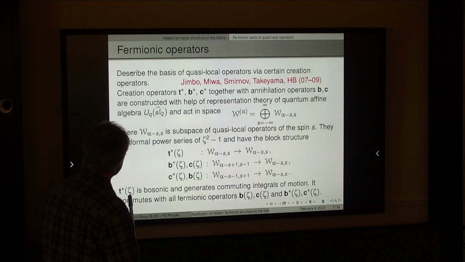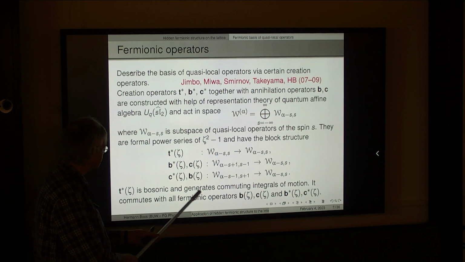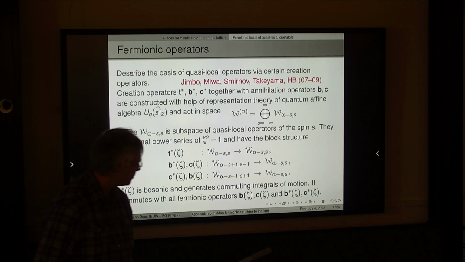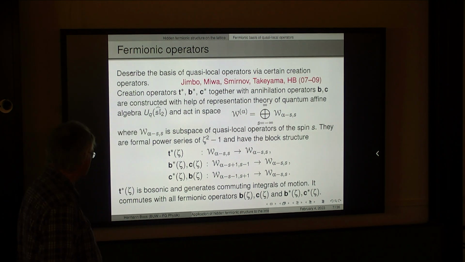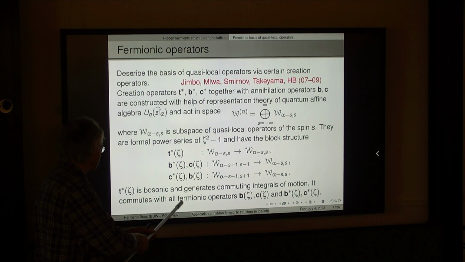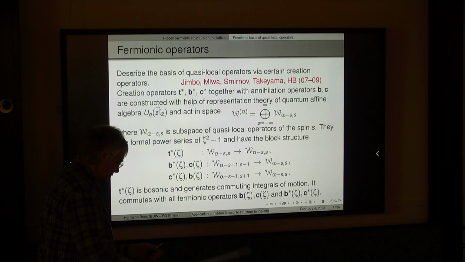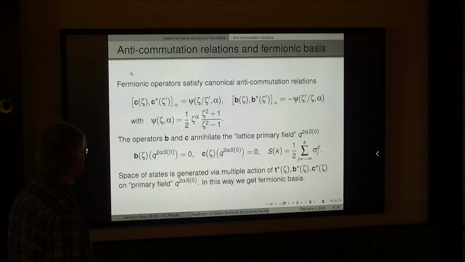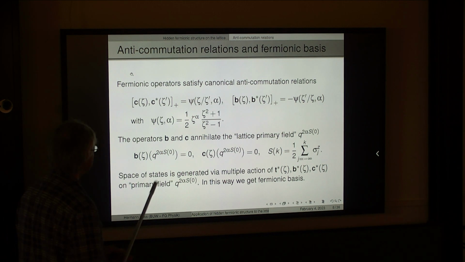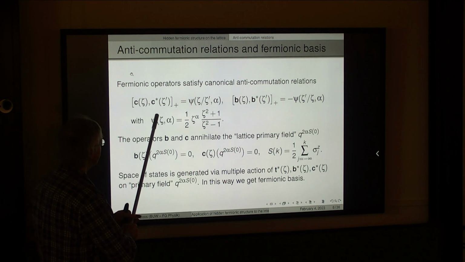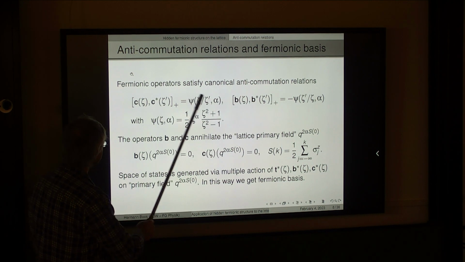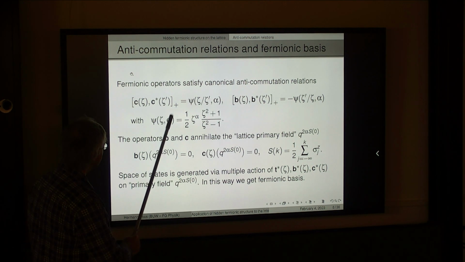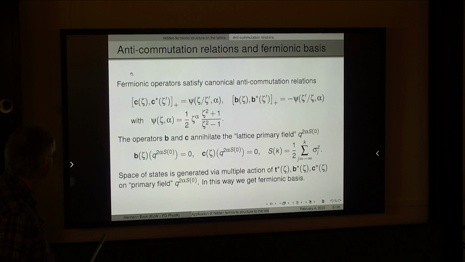In fact, T star is bosonic, it generates commuting integrals of motion, and it commutes with other operators, and the other operators are, so to say, fermionic, or fermions, because they satisfy canonical anti-commutation relations, like this, with psi some explicit function.